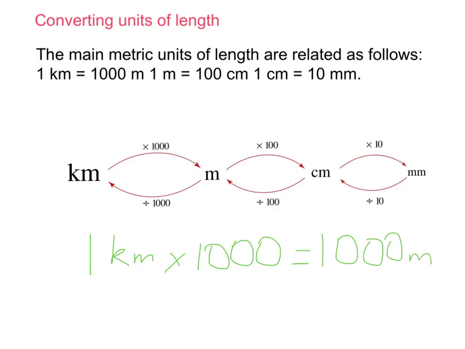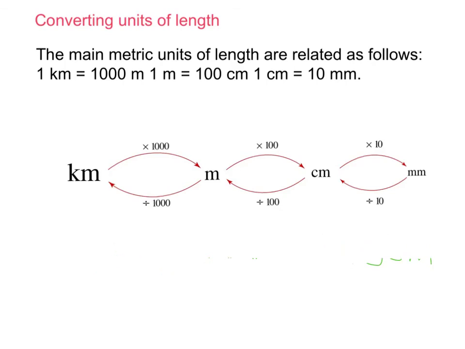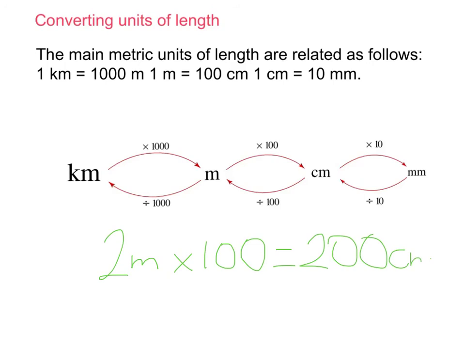So 1 kilometre is 1,000 metres. Say we have 2 metres, and we want to find out what that is in centimetres. We need to times it by 100, because there is 100 centimetres in a metre, and it becomes 200 centimetres. So 2 metres equals 200 centimetres.